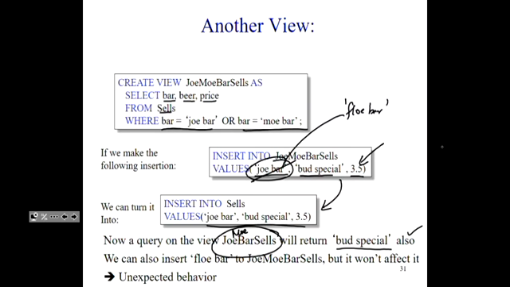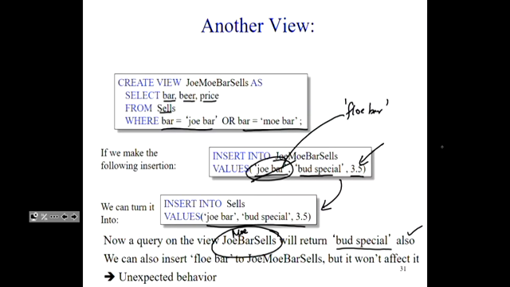If I follow the same rule of taking that same tuple and inserting it into the cells relation, it will become part of the cells relation, but it won't be part of the view. Just like in the previous case, where I inserted something into the view and it became part of the base relation with a null value but is not part of the view, here, if I insert something with a different value for the bar attribute, it'll get inserted into the base table, but won't be part of the view.